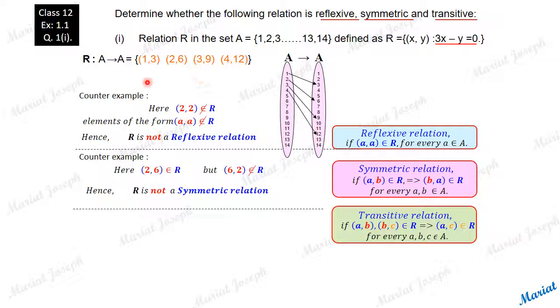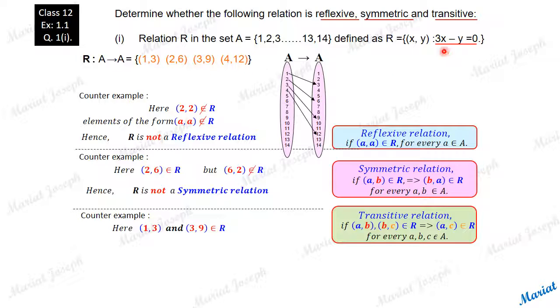Do we have such pairs here? Yes. (1, 3), (3, 9). So we say now (1, 3) and (3, 9) belong to the relation. Yes, they are found in the relation. But (1, 3) and (3, 9) are there. Can we have (1, 9) also, the element (a, c)? (1, 9). No. (1, 9) is not found in it. Why?